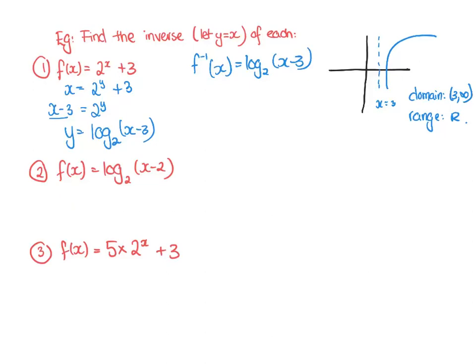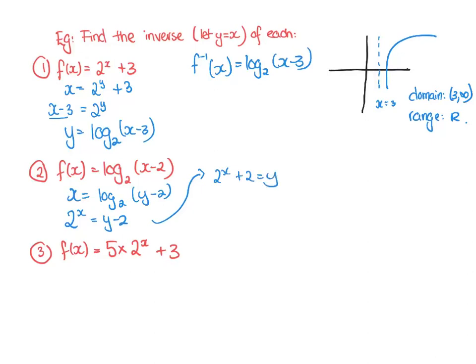If you were thinking of this graph, just roughly drawing it, it's an exponential. Remember it's the reflection in y equals x of a log. So it goes like this, but the asymptote has moved up 2.